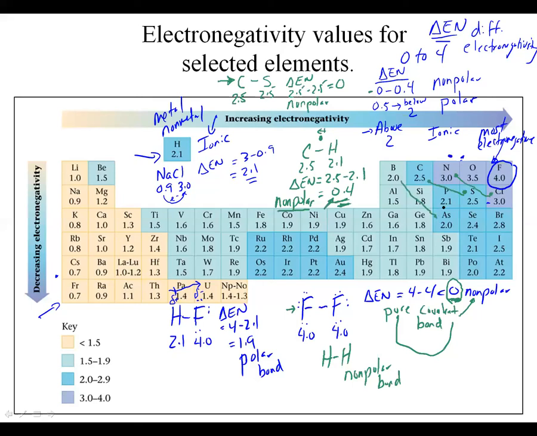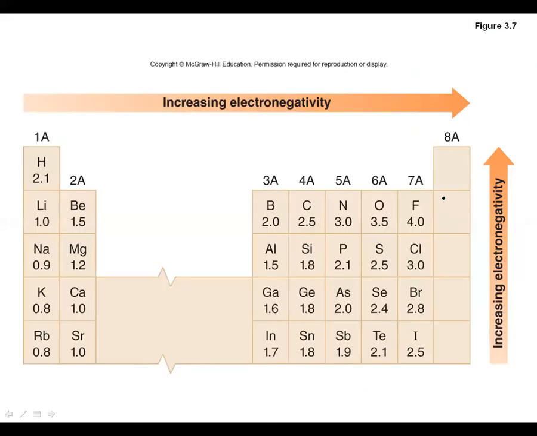Now, you also sometimes don't need these values. I'll go back to this one so it's not so scribbly. You don't actually need these values if you're dealing with something that's in the same group or the same period on the periodic table.